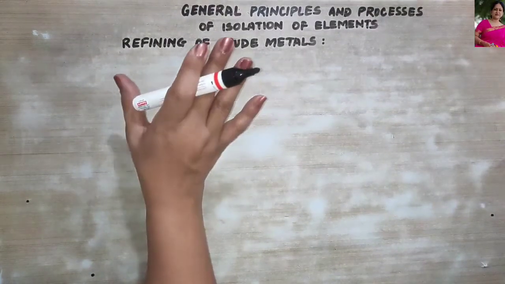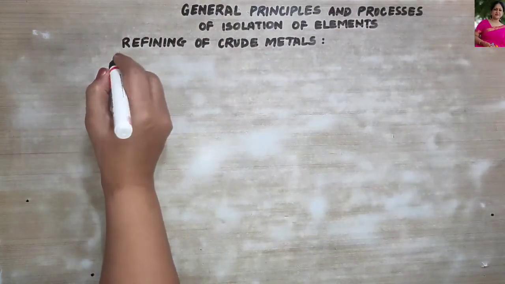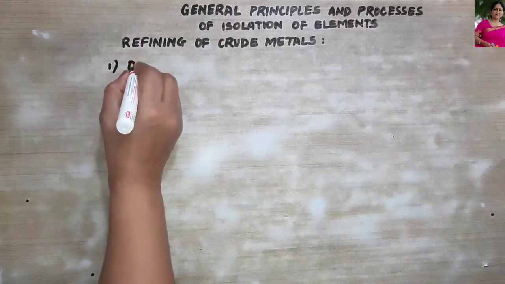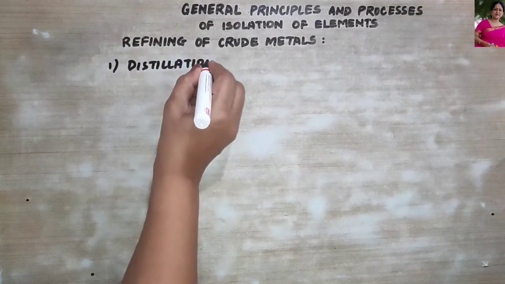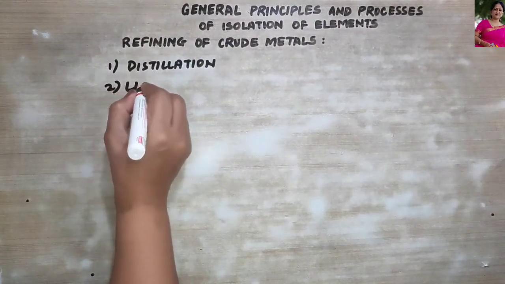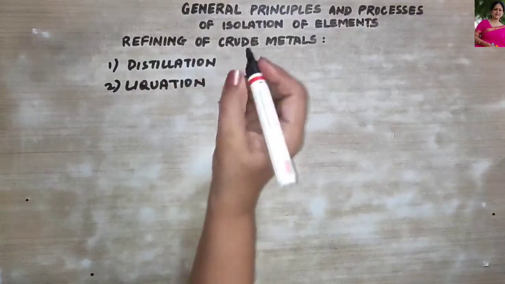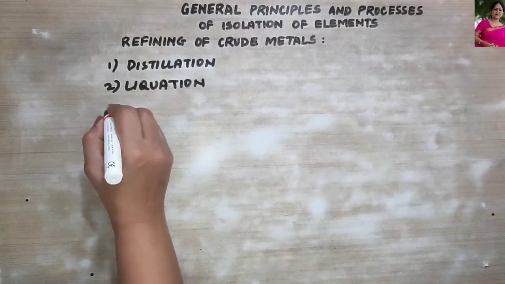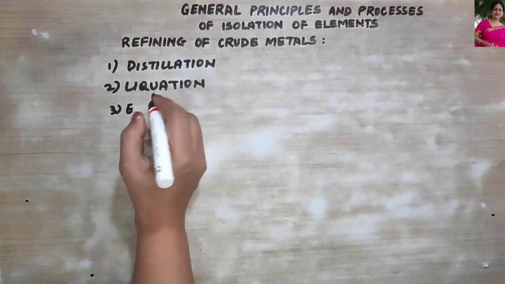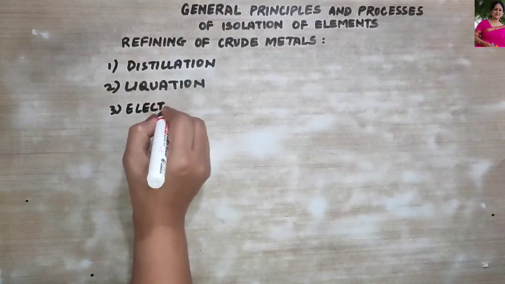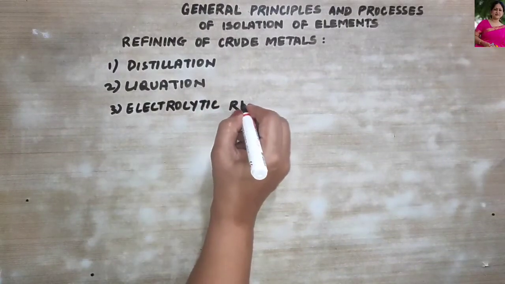So there are different techniques of metal refining. What do you have in your syllabus? They are distillation, okay? Then you have liquation. Then the third one that you have is the process of electrolysis, or what we can say is electrolytic reduction.